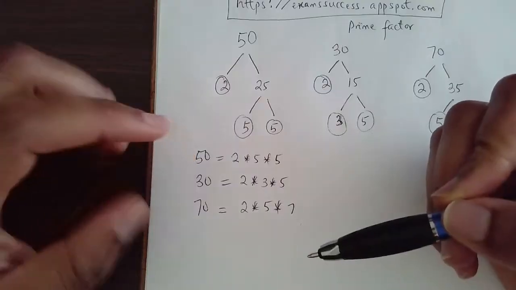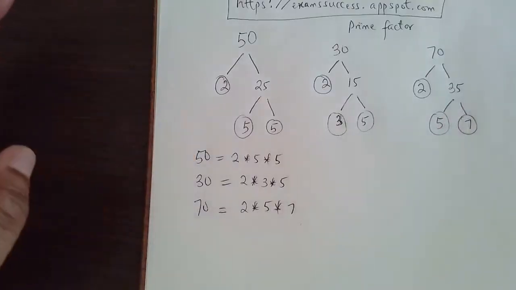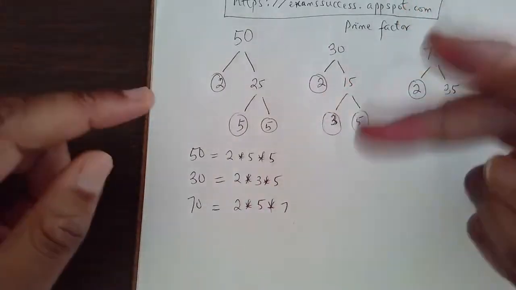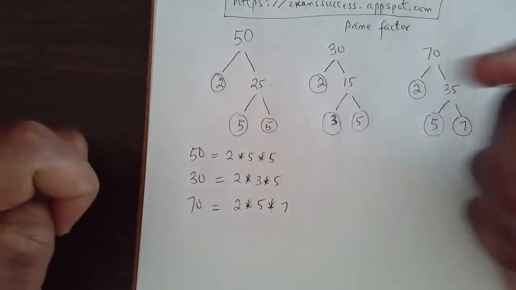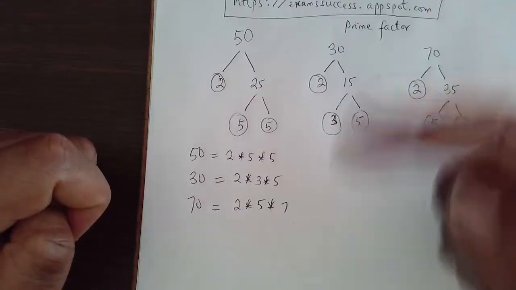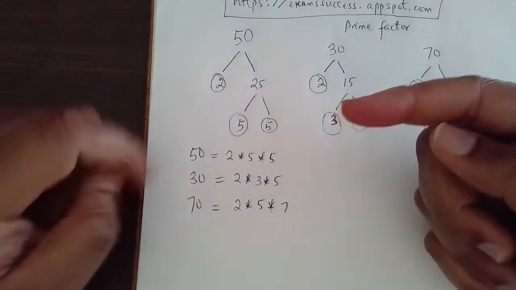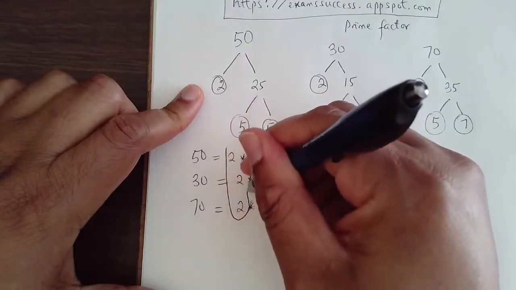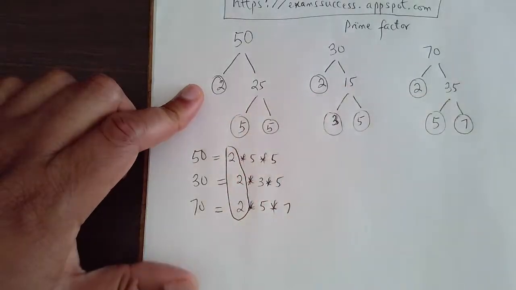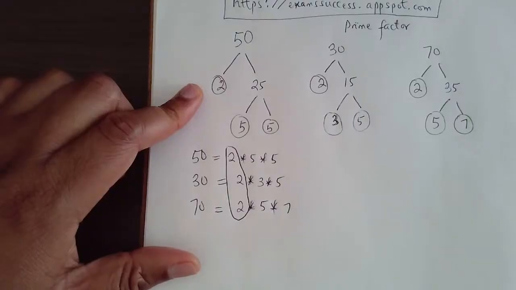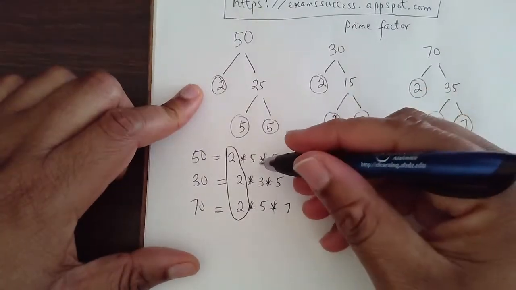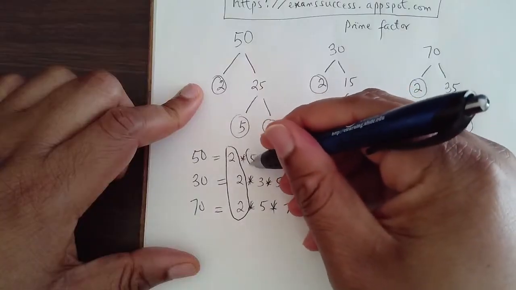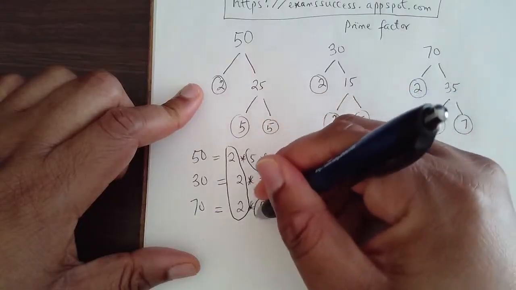Common means the numbers have it all together, or any two numbers have it together. We're not going to be counting something that is common more than one time. So this 2, 2, 2, I'm going to just count it one time. It's common to all of them. This 5, 5, 5, I'm going to count it one time.